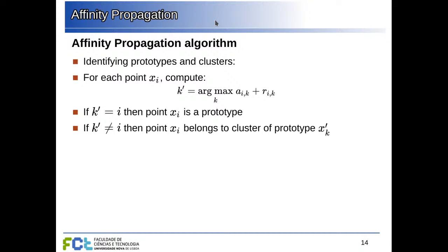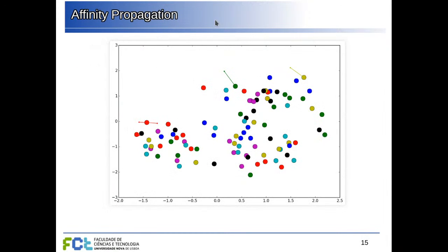So by doing this, we can look at what happens during the iteration. Suppose that we start with these points. Initially, nearly all points are representatives of themselves, so we have almost as many clusters as points. But then we start having these points that choose others to be their representatives. So this is a very small cluster of 2 points. This one does not think it's a representative, but is represented by that one.